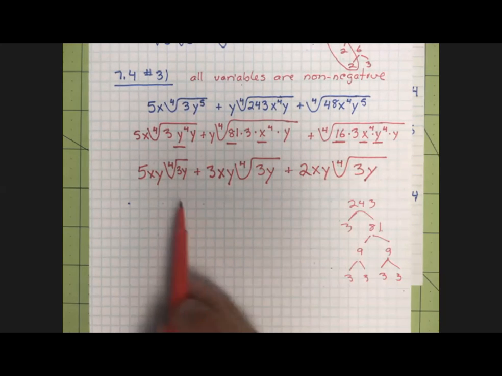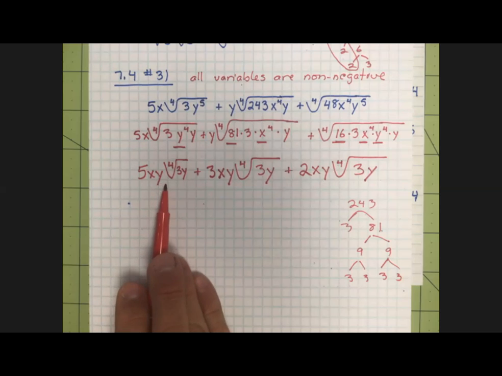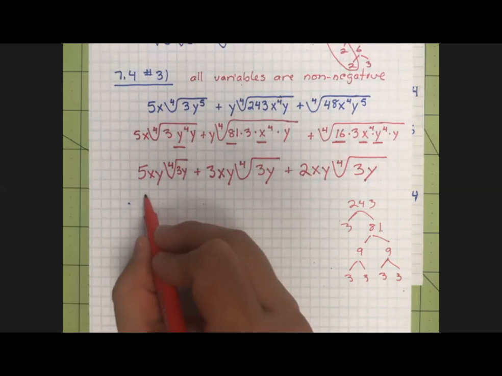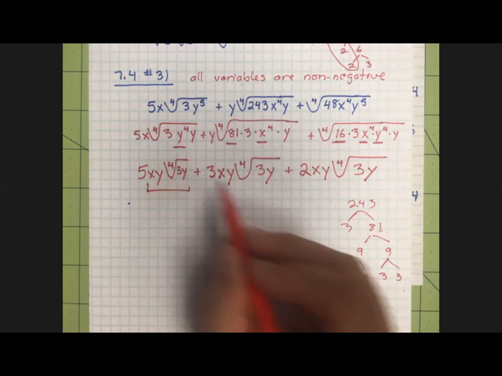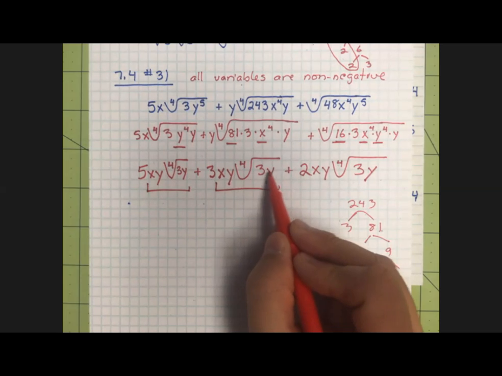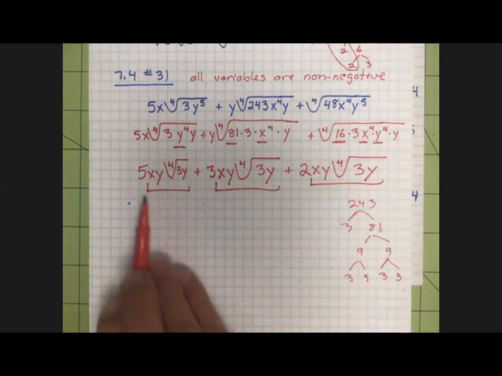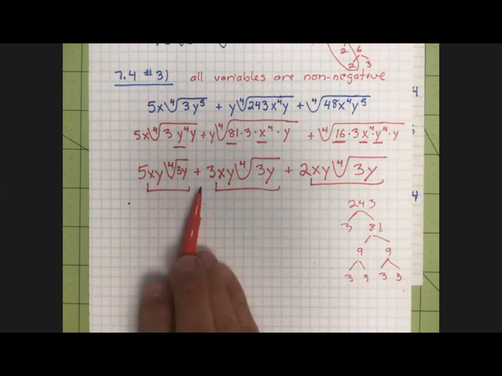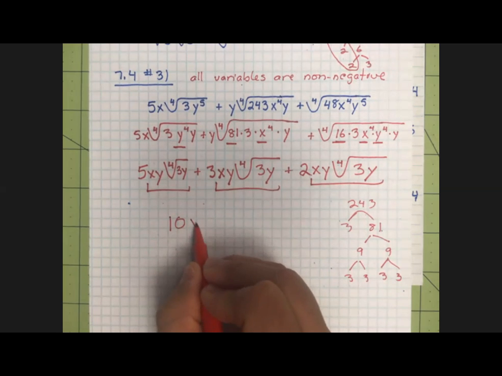And then all of a sudden, these 3 things that looked very different, you suddenly say, oh, they're not different at all. I've got 5 of these xy 4th root 3y, then I've got 3 of the xy 4th root 3y, and here's 2 of the xy 4th root 3y. I've got 5 of these animals, 3 of these animals, 2 of these animals. I've got 10 of these animals.